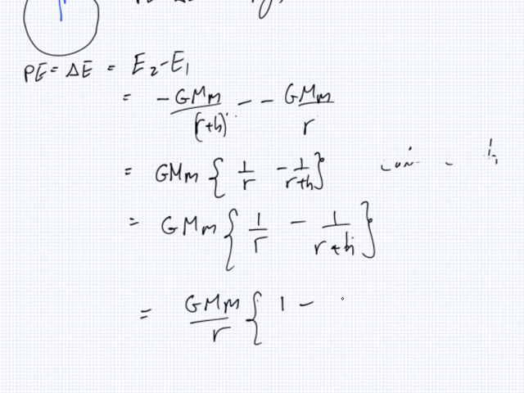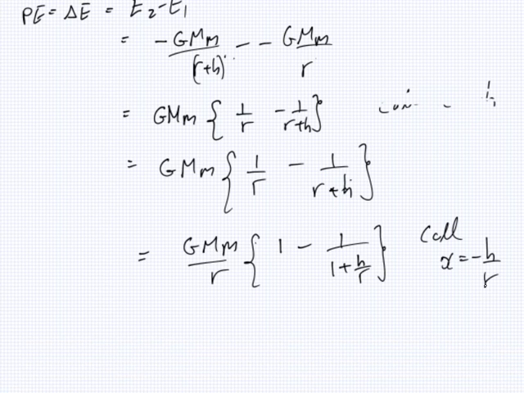So what would I have here? That'd be 1 over 1 plus h over r, like that. Now I'll call x equals minus h over r. So I get GMm over r, 1 minus 1 over 1 minus x.